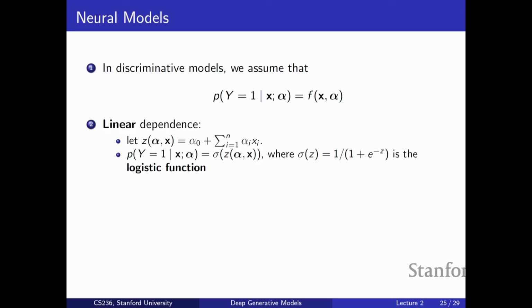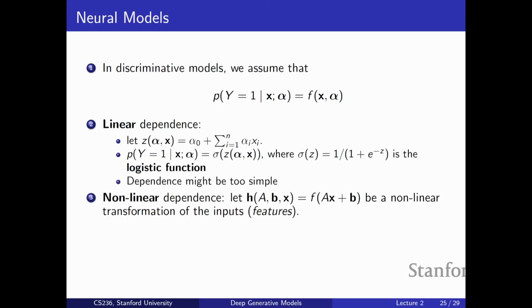And so one way to get a more expressive model, to make even weaker assumptions in some sense, is to basically allow for some nonlinear dependence. You could say, instead of directly taking the x features and mapping them by linearly combining them to a probability value, I'm going to compute some features of the input x.